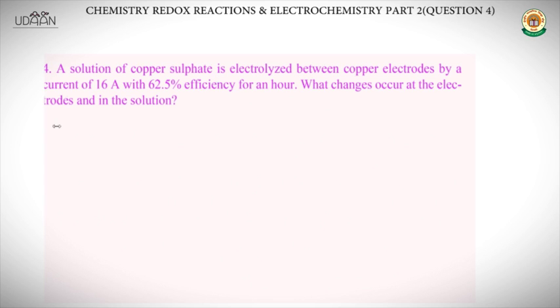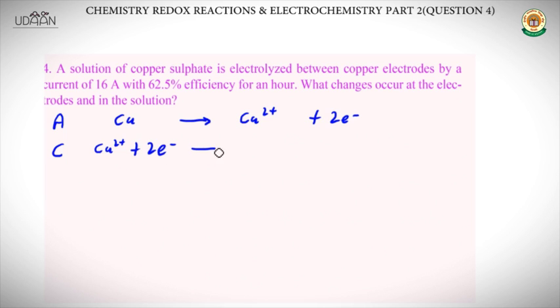Okay. So first we'll write what happens at the anode and at the cathode. At the anode, copper would be oxidized to Cu2 plus plus 2 electrons, whereas at the cathode, Cu2 plus will combine with 2 electrons and result in solid copper.